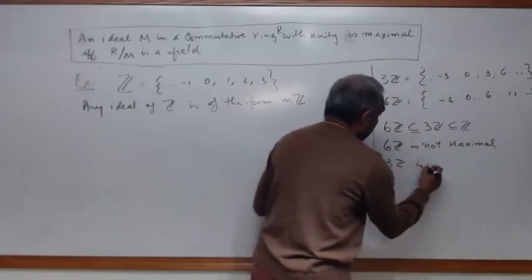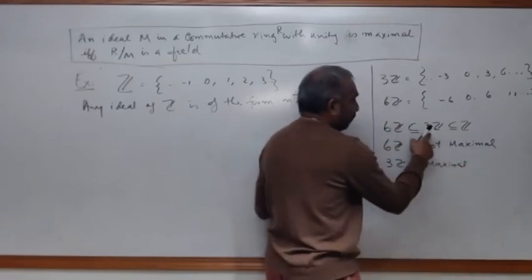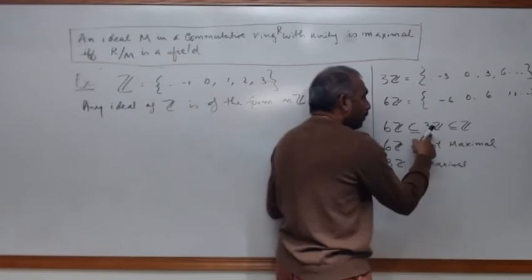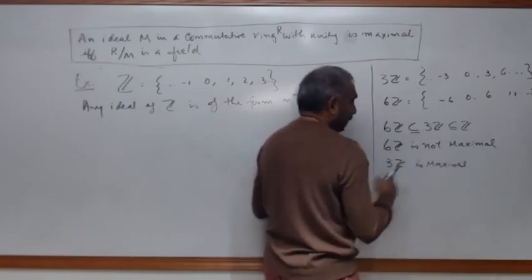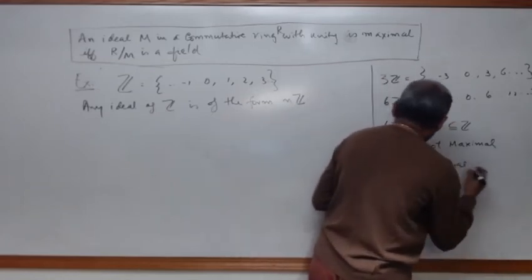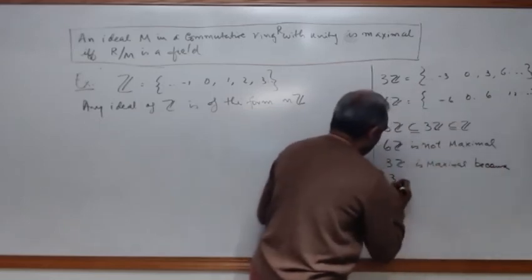3Z is maximal, because we don't have an ideal between 3Z and Z. And that is because 3 is prime.